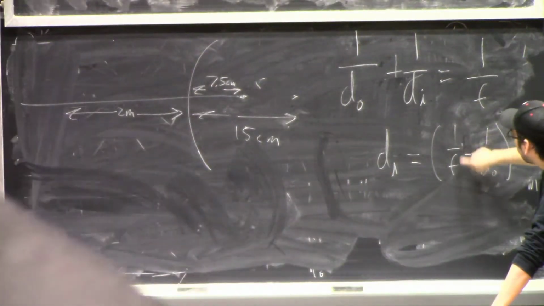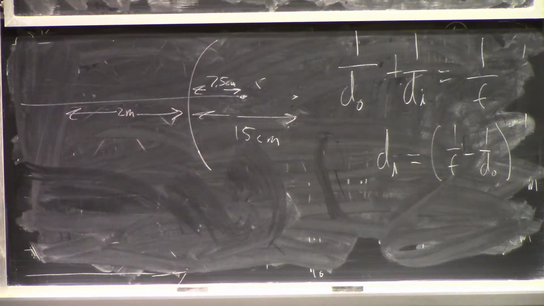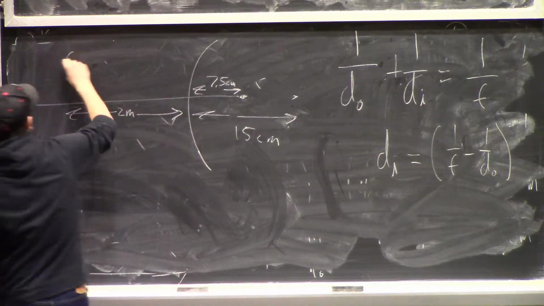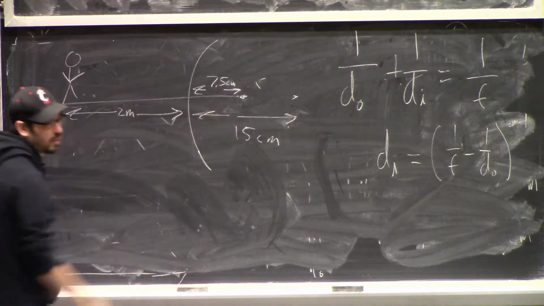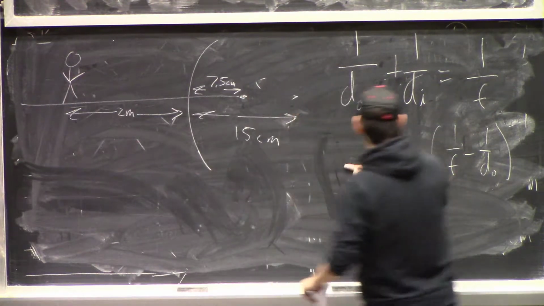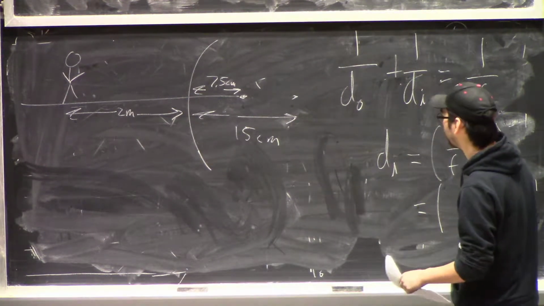So now what we need to do is plug in the values here, and we have to be very careful, because when we plug in the value of the focus, we need to take into account that you are going to be on this side of the mirror, and the focus is going to be on the opposite side of the mirror. Okay? So what that means is I need to plug in a negative here, and I also need to make sure that I convert my units.